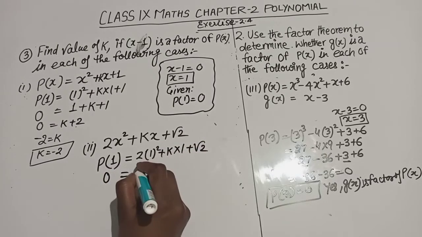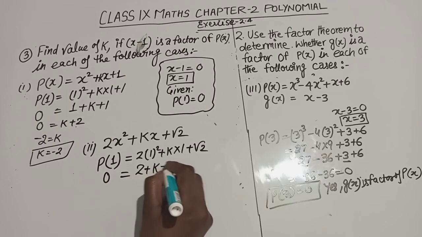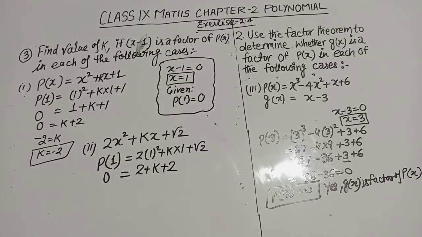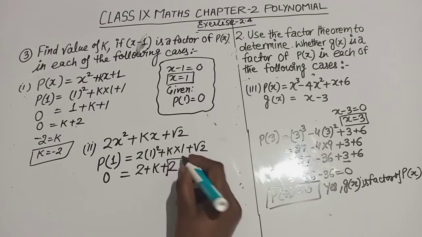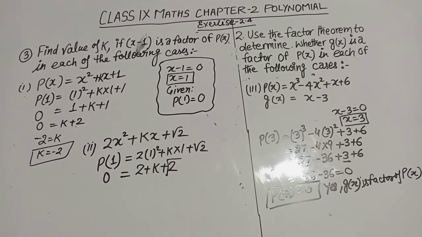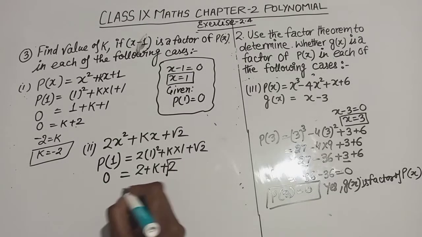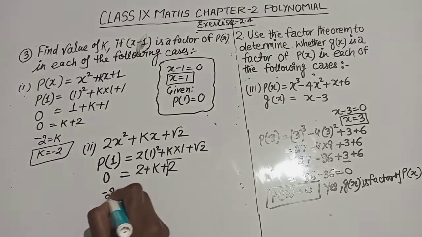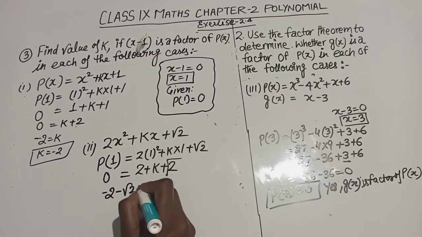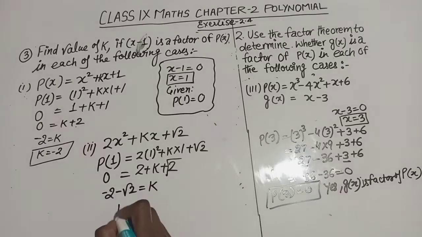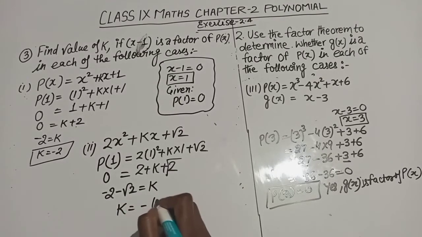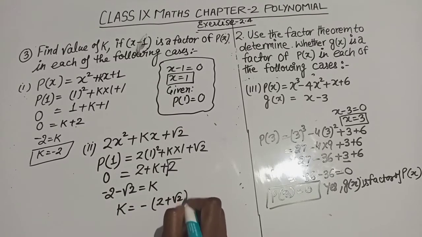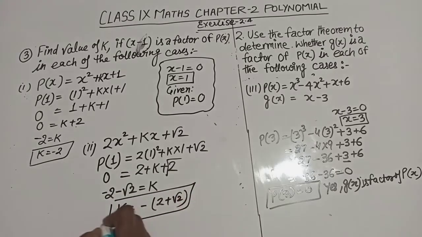So 2 plus k plus root 2. Keep k on this side as it is, and 2 and root 2 go to the next side. So 2 becomes minus 2 and root 2 becomes minus root 2, and the answer of k is minus 2 minus root 2. I hope you have no problem with it.